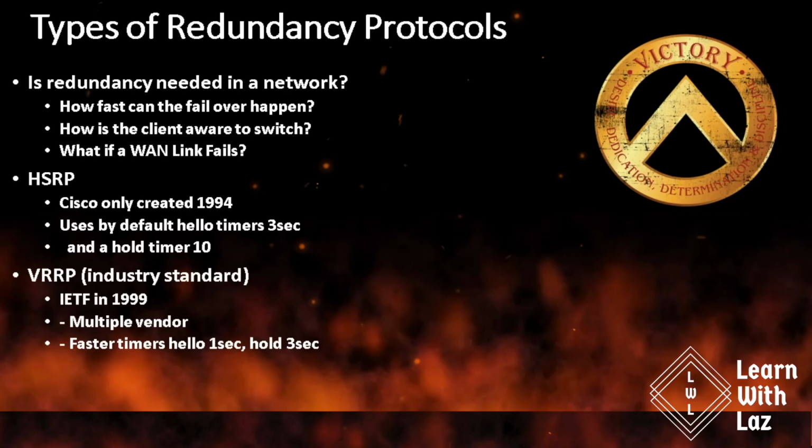Definitely it's not something you want done manually, so the protocol is going to handle it, but how quickly can it do it? Will the customer notice a big wait, or will it be just a little bump in the road? How is the client aware to switch? How does that client device know that it has to switch over?